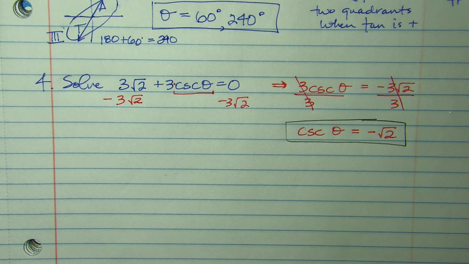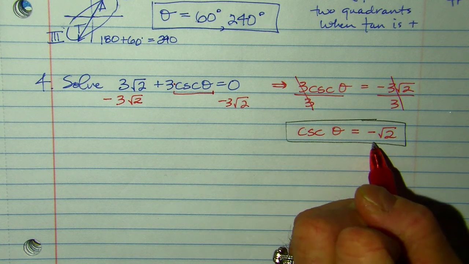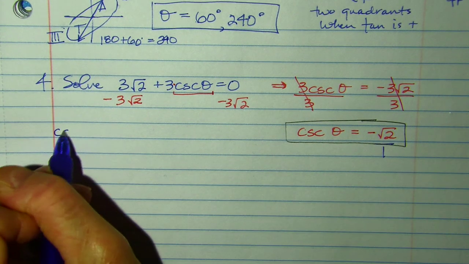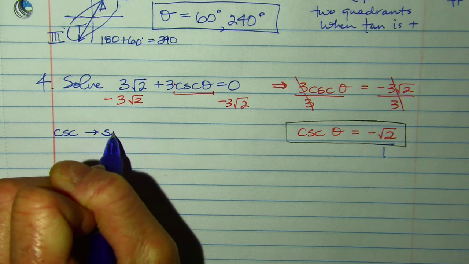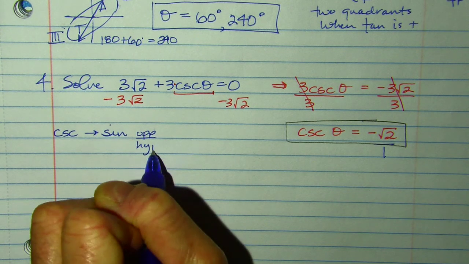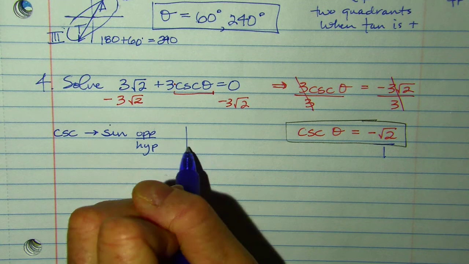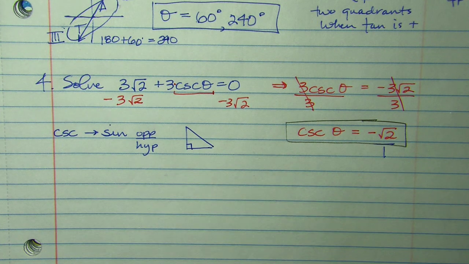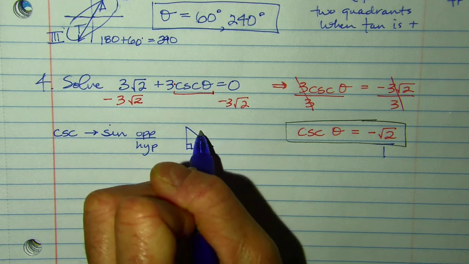And so I recognize that there is an invisible 1. And I know that cosecant is the reciprocal of sine, and sine is opposite over hypotenuse. And I've got a root 2, so that would be 1, this is root 2.